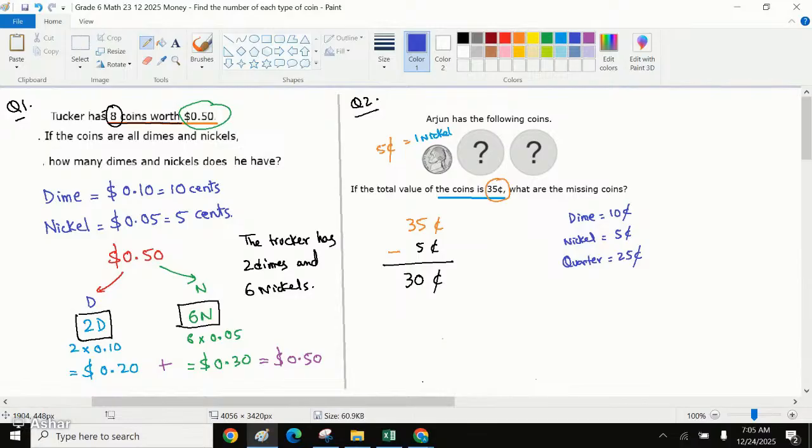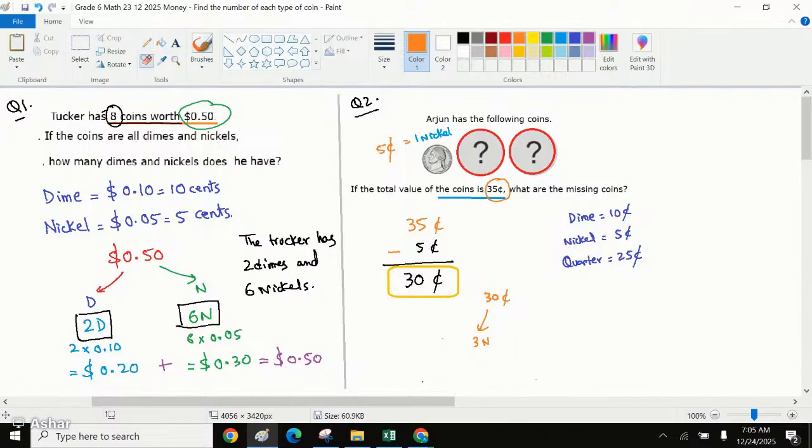So now this 30 cents needs to be divided into 2 coins, because we have 2 coins over here which are unknowns, right? So let's see how it can be divided. Can we say the 30 cents can be equal to 3 nickels?